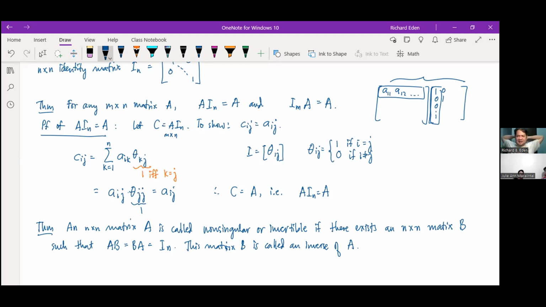Zero does not have a reciprocal. 0 is the only real number that doesn't have a reciprocal. Will all square matrices have a reciprocal, an inverse? Siguro hindi, no? So for example, if you take A to be the zero matrix, whatever matrix B you multiply to it, it's never going to be an identity matrix.